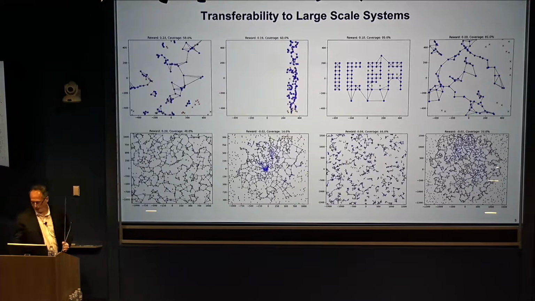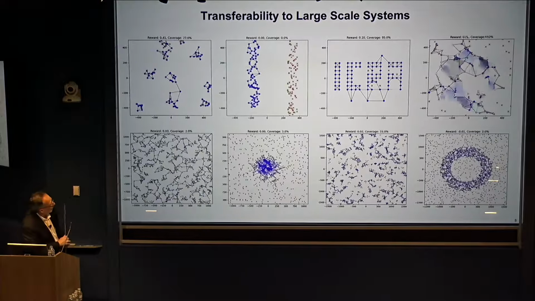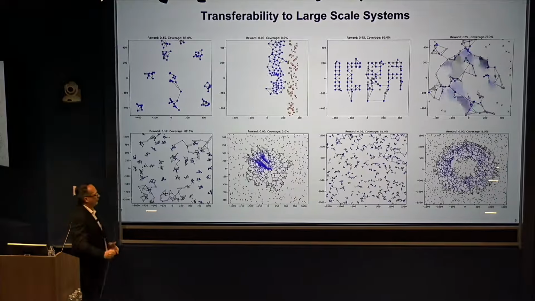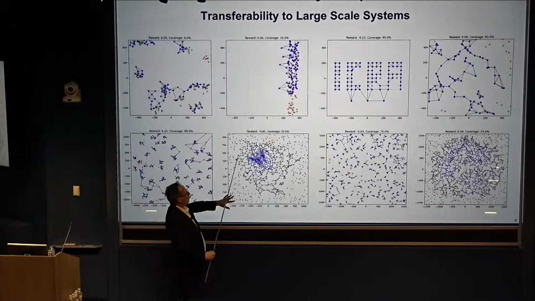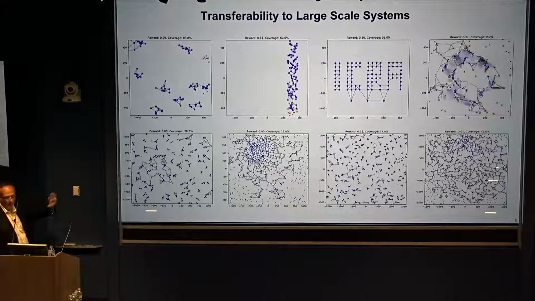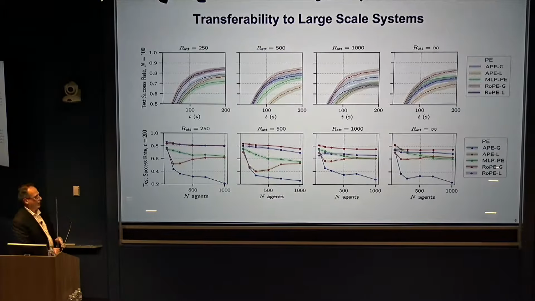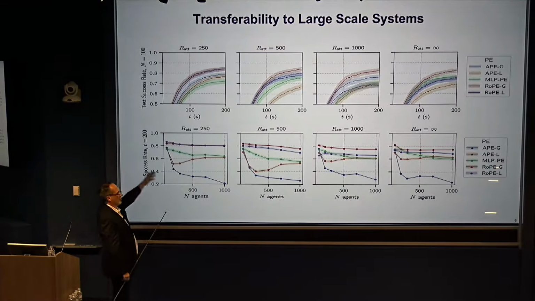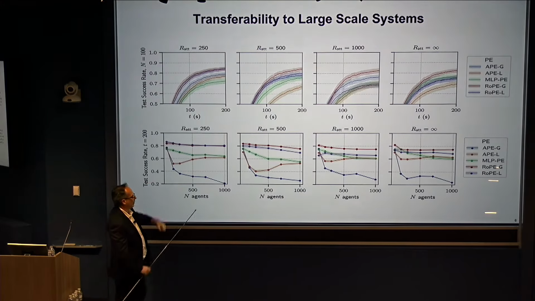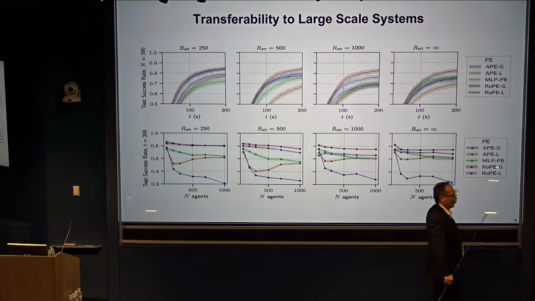And as I have shown through the theorems that I've been showcasing, we can transfer from medium size to larger scale sizes if we don't have these very high frequency components. Now that's a plot. These are actual graphs, so you can see that actually the loss barely decreases as you scale towards 1,000 agents.